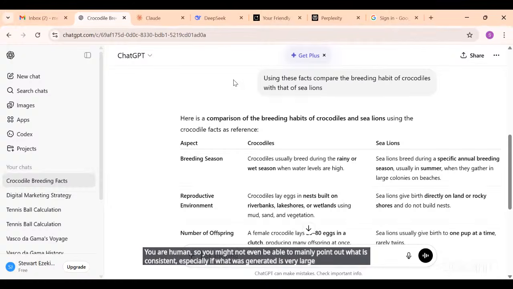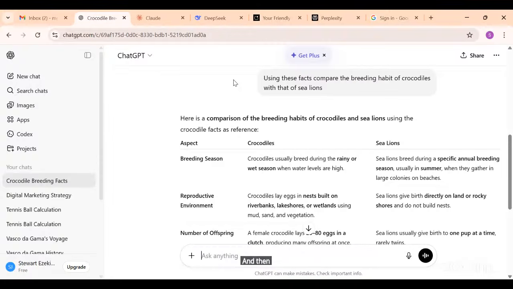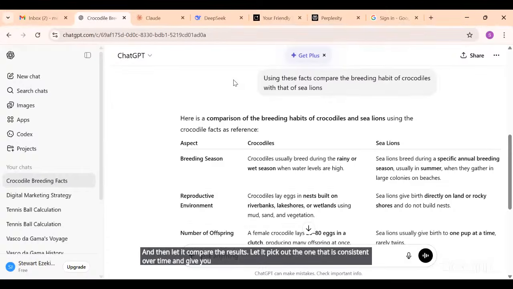So you can prompt it to generate 4 different reasoning paths, 5 different reasoning paths of what you want to do, and then let it compare the results, pick out the one that is consistent over time and give you results. Okay, so that's how that particular one works.